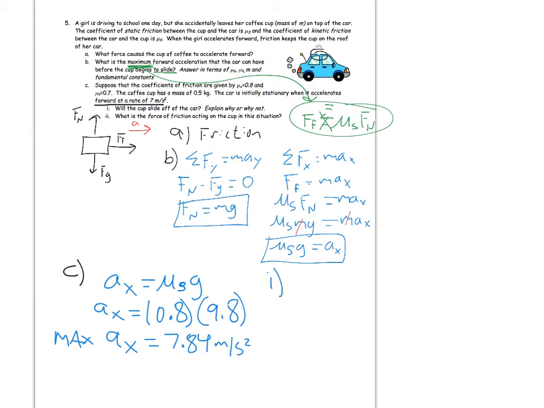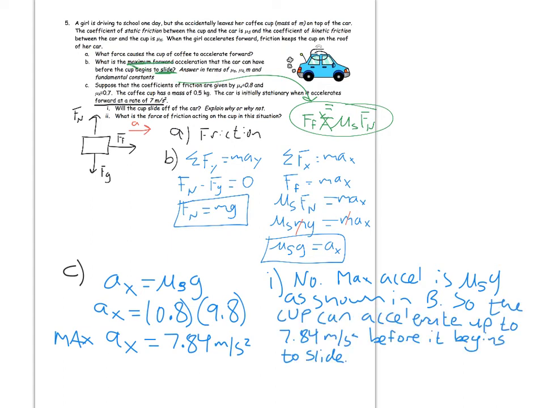So to answer part 1, will the cup slide off the car? The answer is no. The maximum acceleration is that coefficient of friction times g, as shown in part B. So we can have an acceleration of up to 7.84 meters per second squared before it begins to slide.